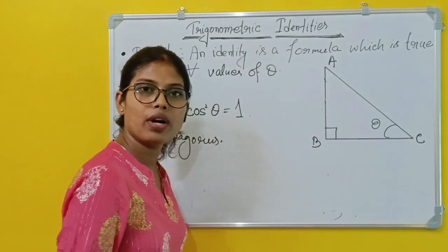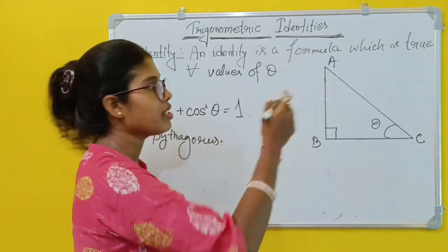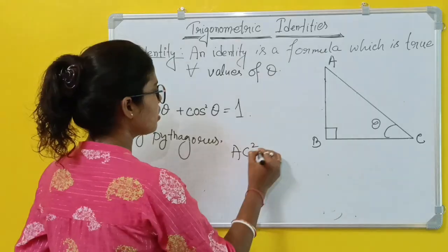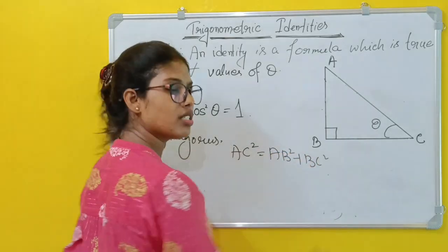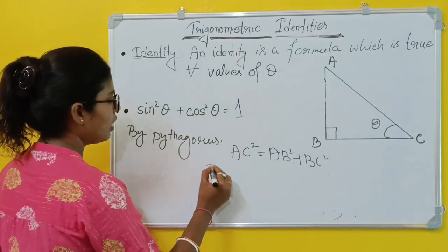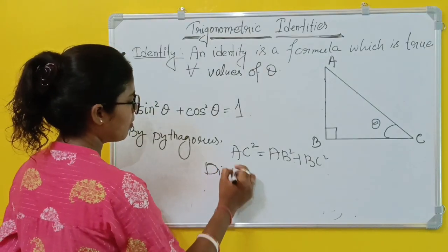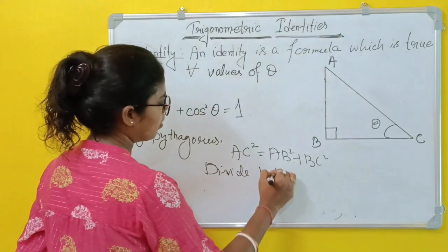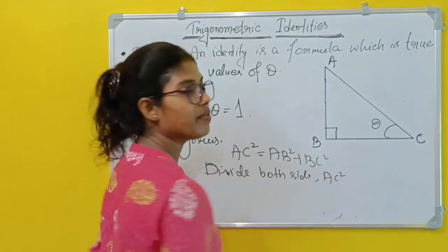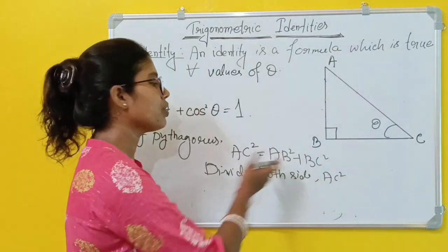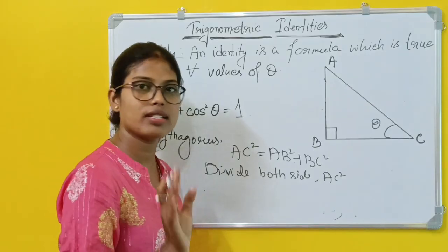The hypotenuse square is equal to perpendicular square plus base square. So AC square is equal to AB square plus BC square. Is it not? Now we are dividing both sides of this equation by AC square.